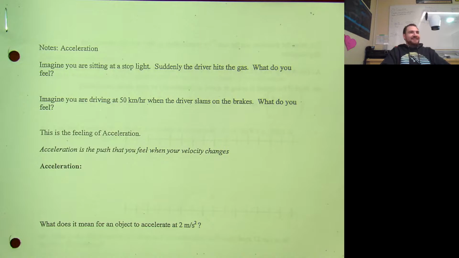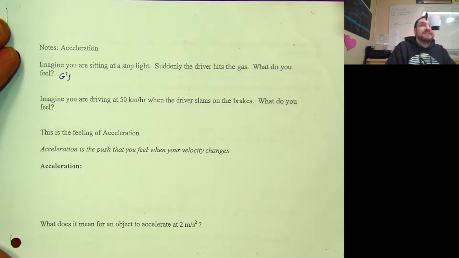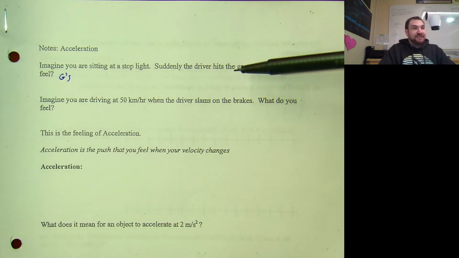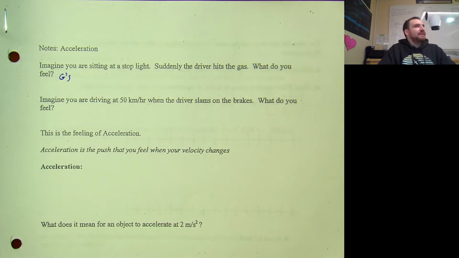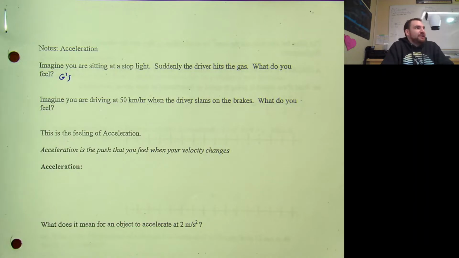Newton. That's the buzzword in physics, right? You danced close enough that you didn't quite say that. So let's write down some of what you guys said. So you guys said G's. That was Brendan's thought. The idea that he extrapolated this, and you're not sitting at a stoplight anymore. Now you're in a jet, and the jet's accelerating, and it feels like your weight's increasing.